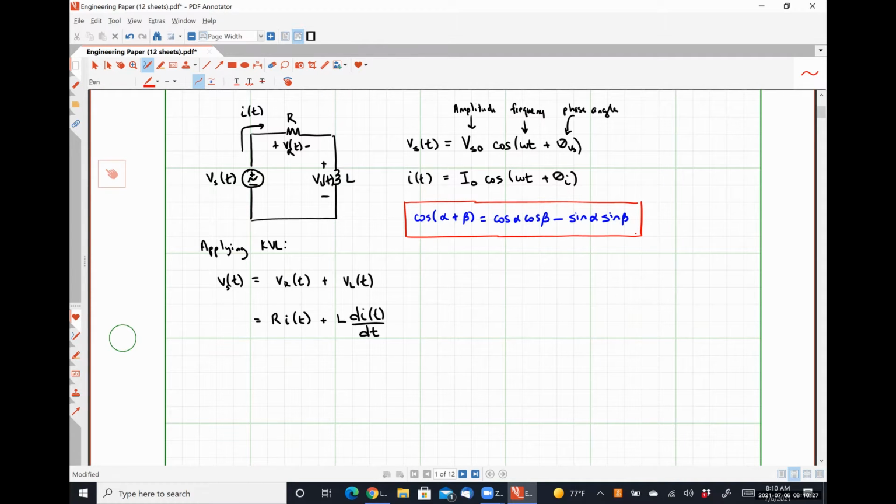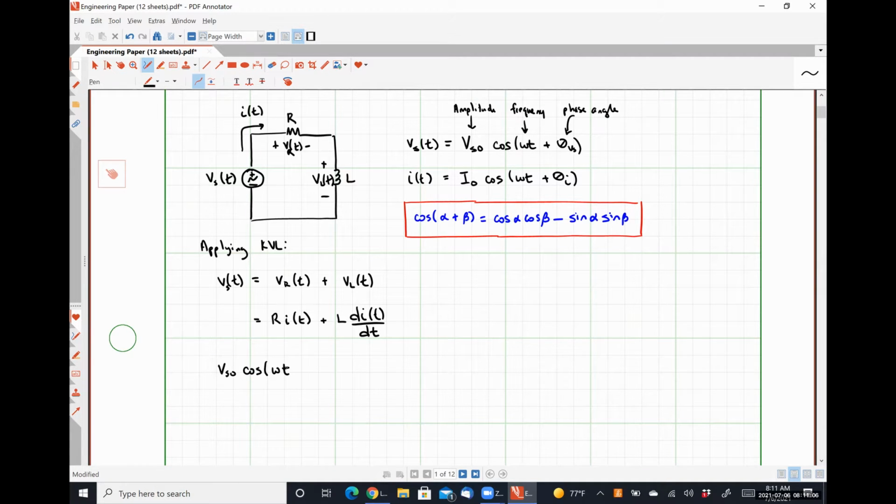So if I apply this trig identity, what I get is Vs naught cosine omega t.